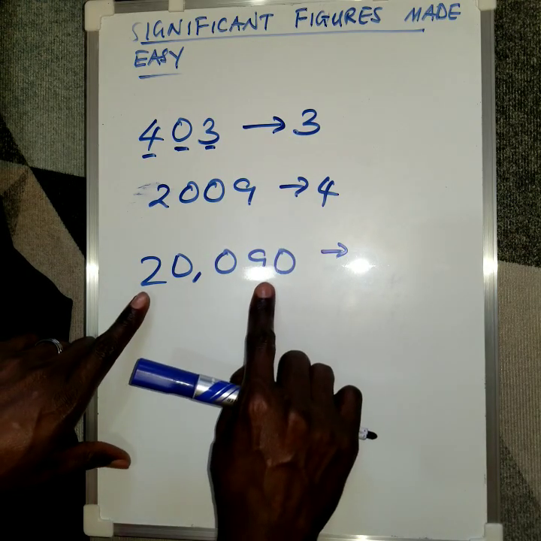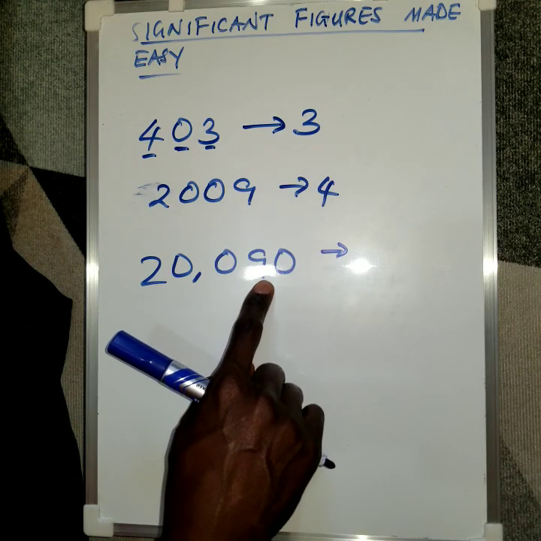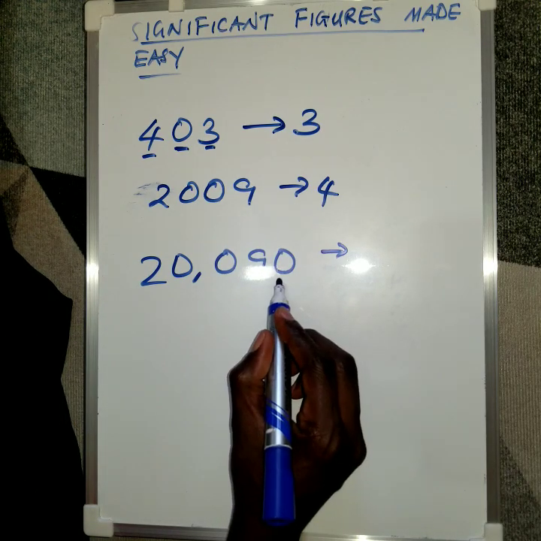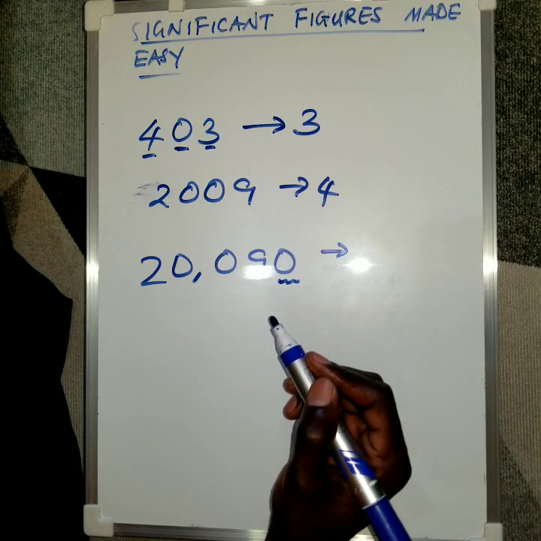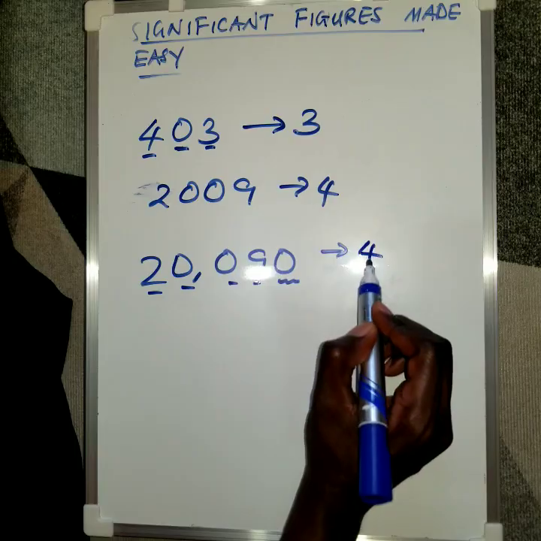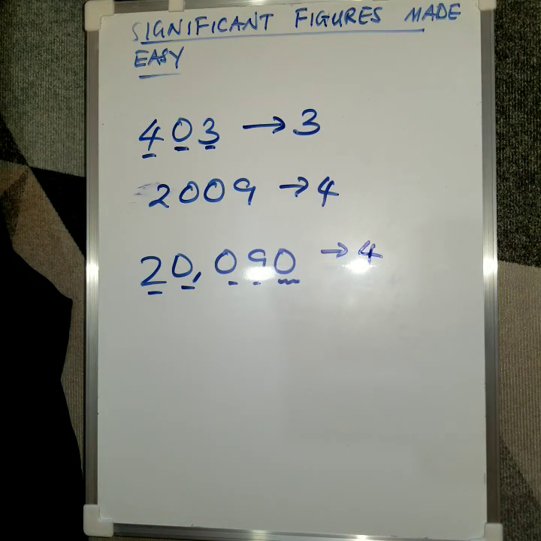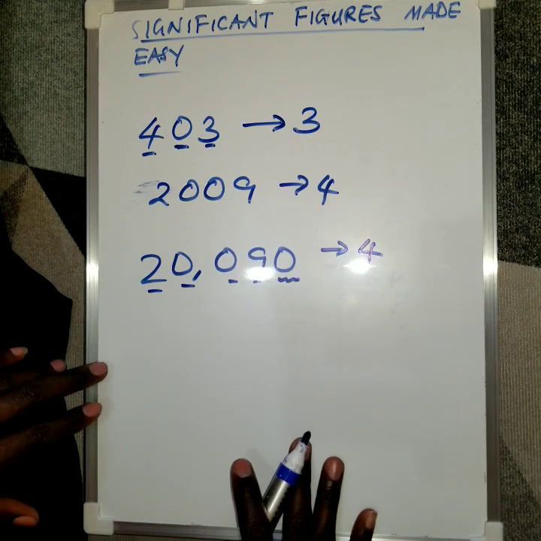But if the zeros are in between non-zero digits, then they are considered to be significant. So this one here is not considered significant. So there are only 4 significant figures that you have there.